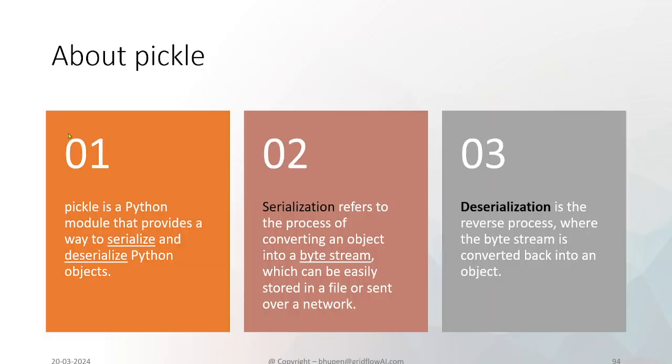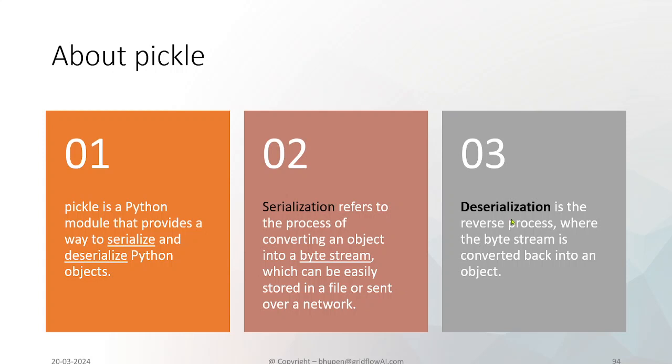The process of saving is called serialization. In machine learning, we have the model as an object, and saving means serializing that object. Serialization simply means converting the object into a binary byte stream, which can then be stored in a file or shared across the network.